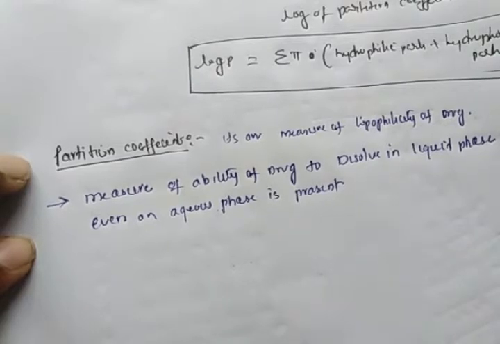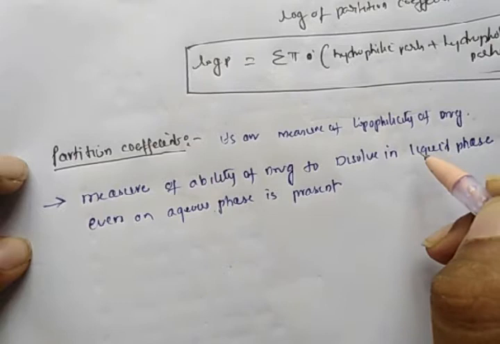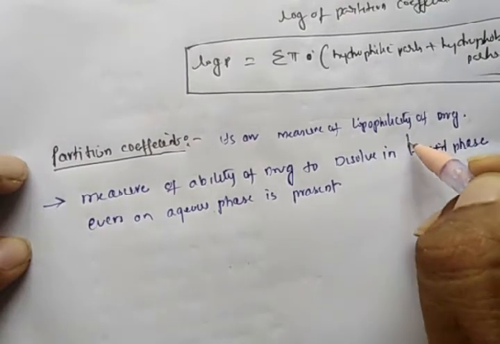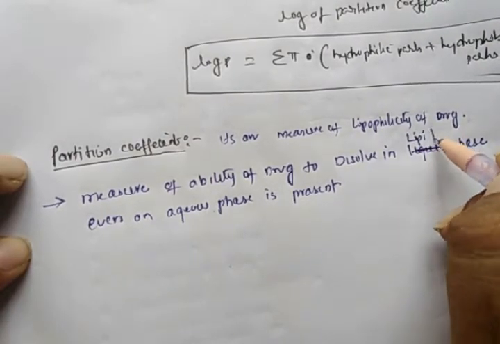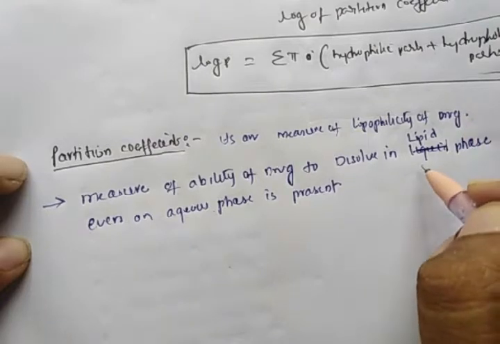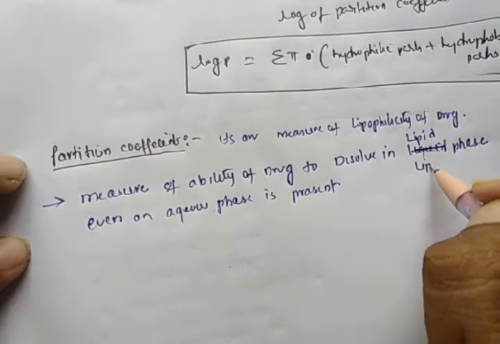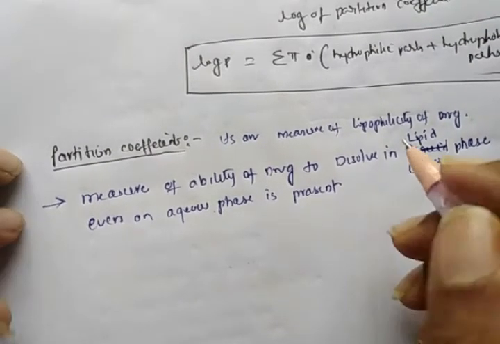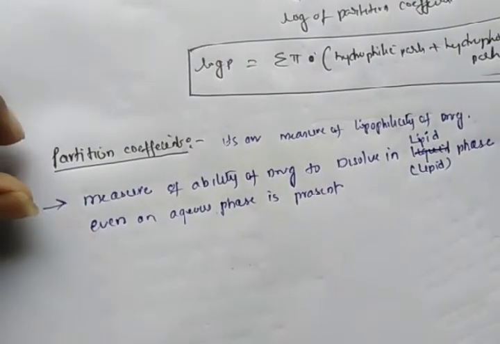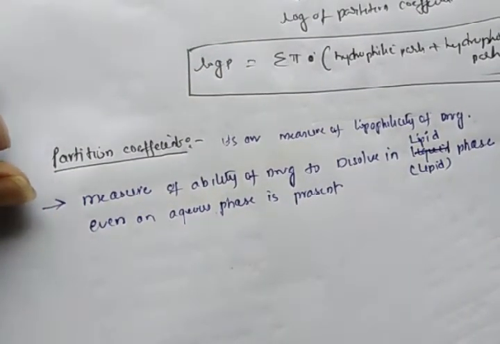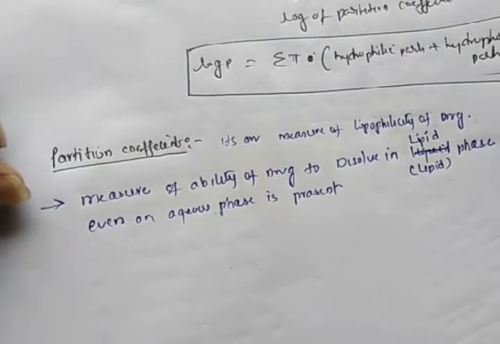Lipid phase means fat. So it's a measure of the choice of a drug to take the lipid phase in the presence of an aqueous phase.